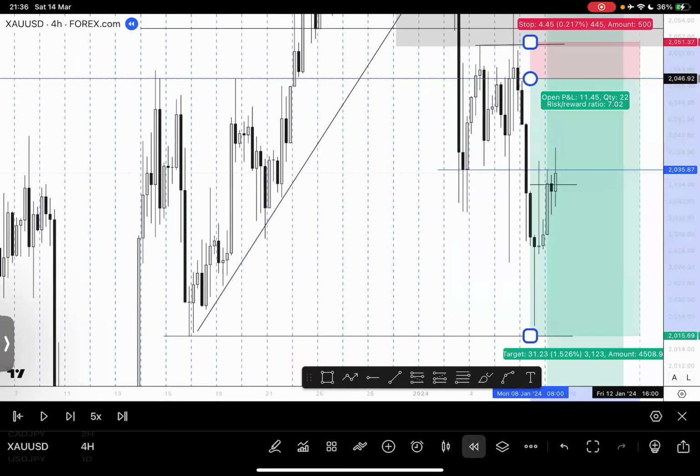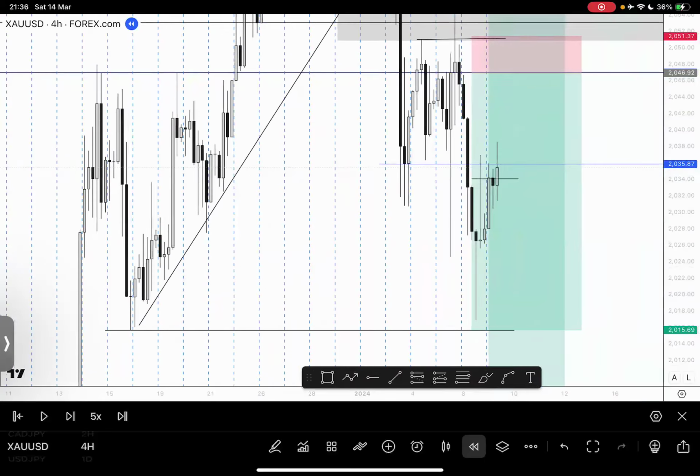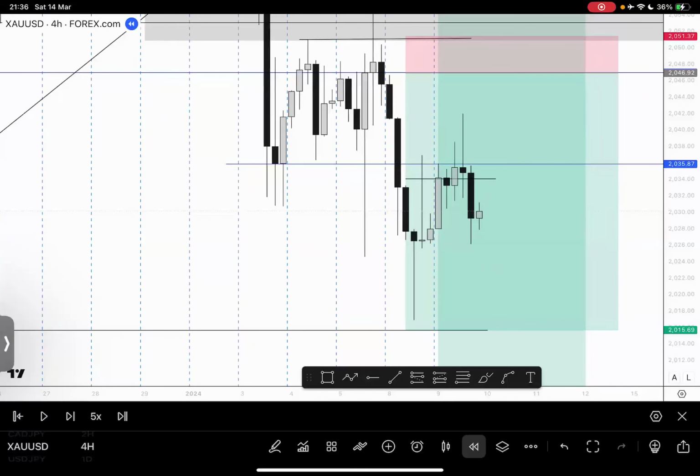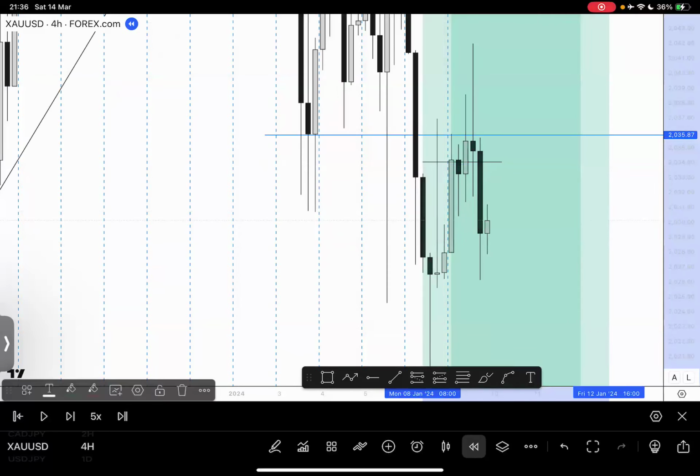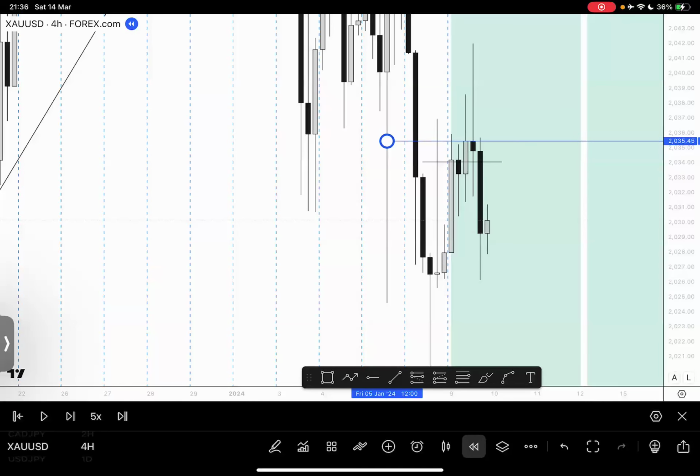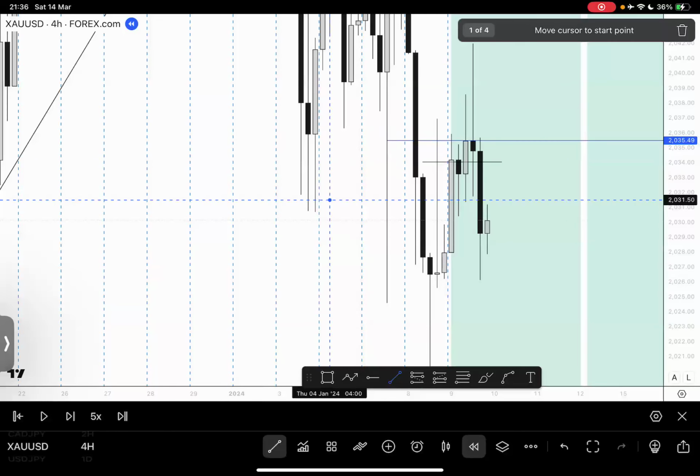So this level is still here for myself. Let's use that one. I'm selling here again, guys. Move this one to the left-hand side. So anywhere above this level should be a good sell.